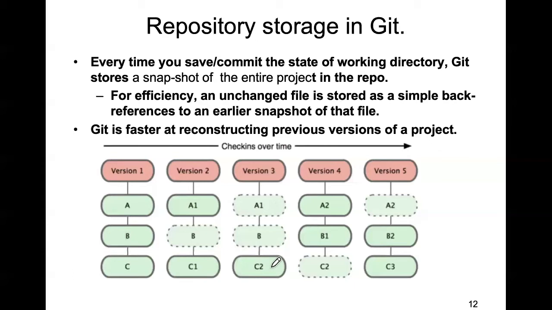Okay, so it's very different from the way other version control tools work. And it keeps references to earlier versions of files if they haven't changed. Okay, that's a very high level explanation of the difference between Git and other version control tools.